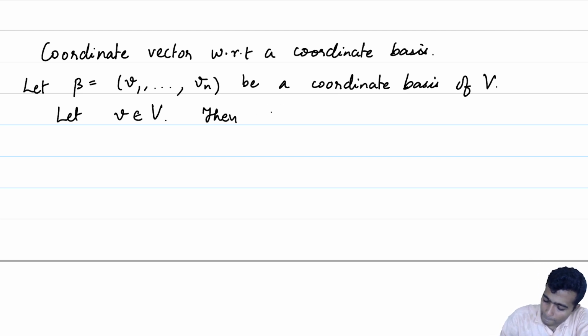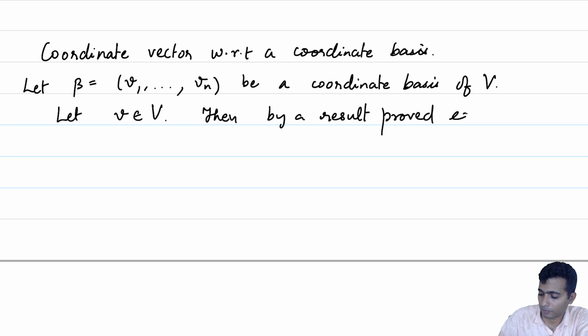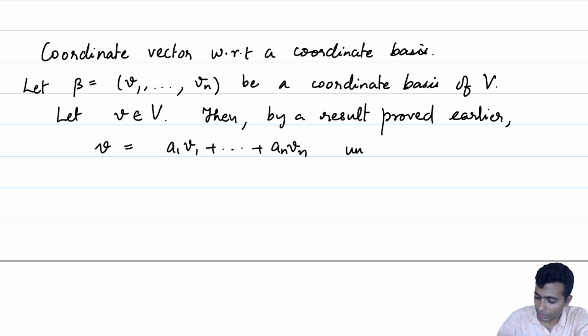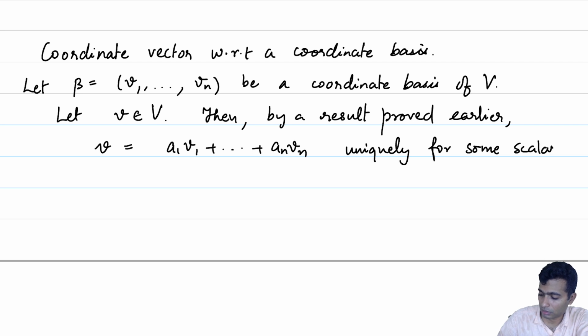So v can be written as a1 V1 plus dot dot dot an Vn, uniquely, for some scalars a1, a2 up to an in R.